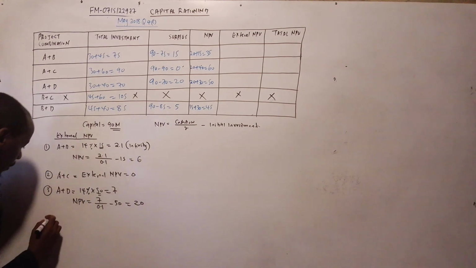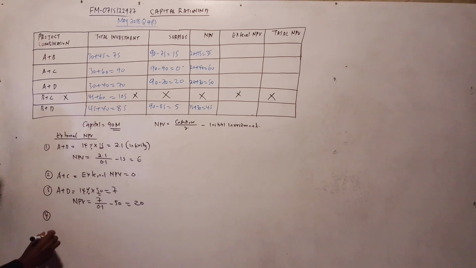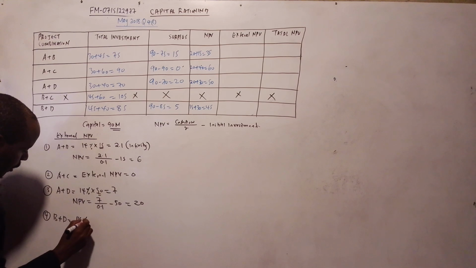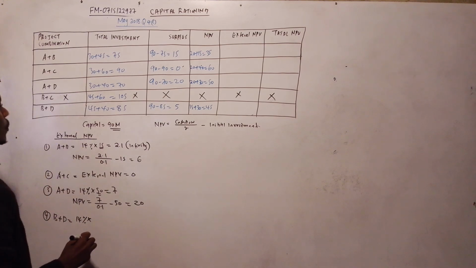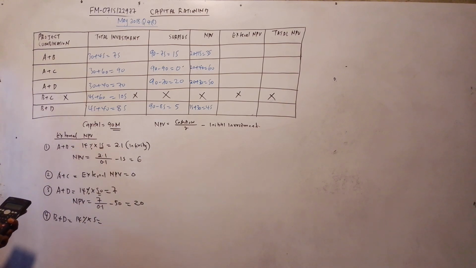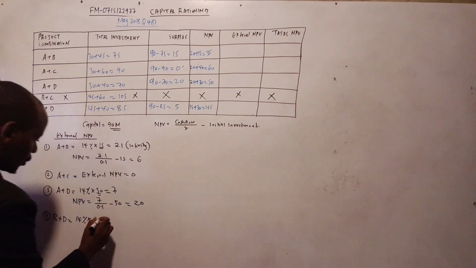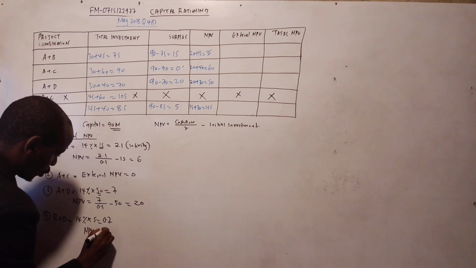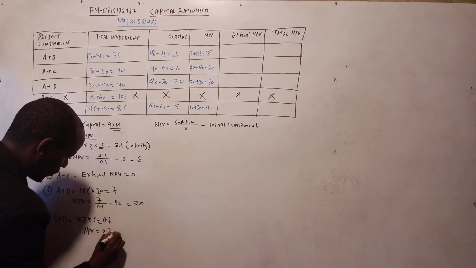Then the last, number 4, is B plus D. The return is 14%, our cash flow of 5. So 0.14 times 5 is 0.7. So NPV is 0.7 divided by 0.1 minus our investment, which is 5.